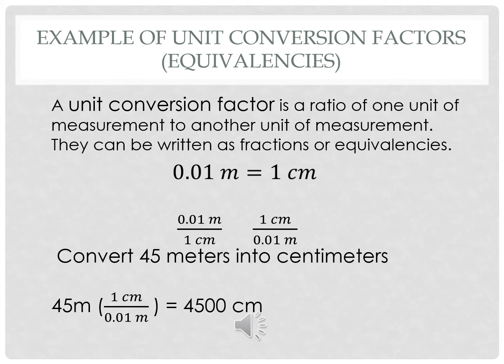Therefore, we want to write 1 centimeter on the top and put 0.01 meters on the bottom. Then when we multiply, the meters will cancel and I'll be left in centimeters. For this example, 45 meters, when we multiply by 1 centimeter over 0.01 meters, that gives us the answer of 4,500 centimeters.